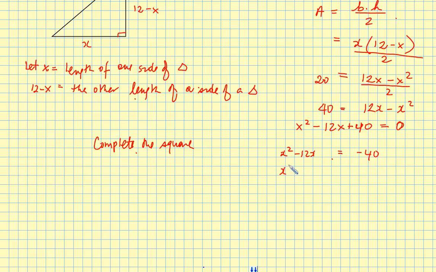Then for x squared minus 12x, half of 12 is 6, and 6 squared is plus 36. And that equals negative 40 plus 6 squared. This will go to x minus 6, all squared, equals negative 40 plus 36, which is negative 4. And if I try to take the square root of both sides, I discover that it's not possible.